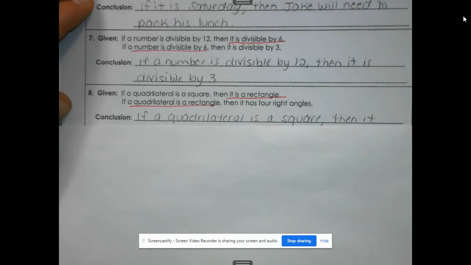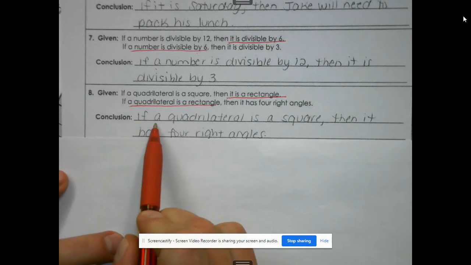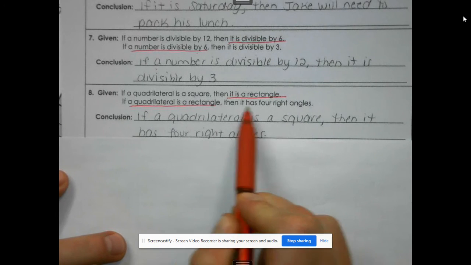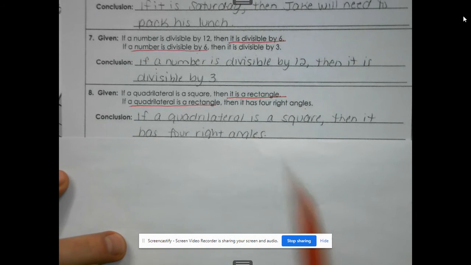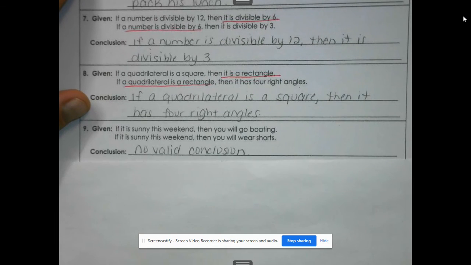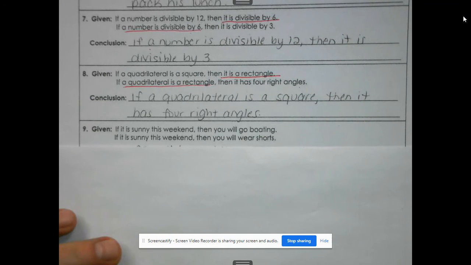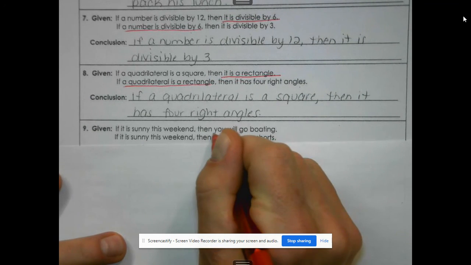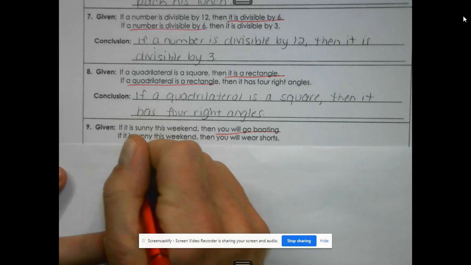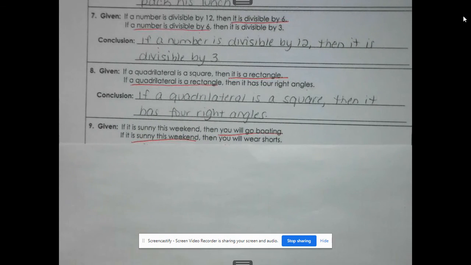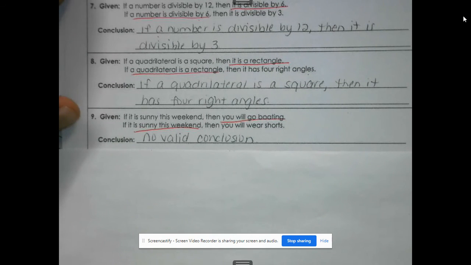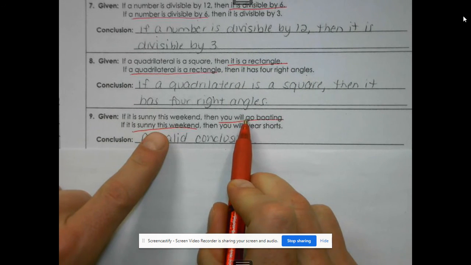So, combine them for law of syllogism. If a quadrilateral is a square, then it has 4 right angles. Done. Oop. No, we know that one doesn't work. Does this match this? No, it does not. Stop right there. No valid conclusion. Don't even read it. This has to match up.